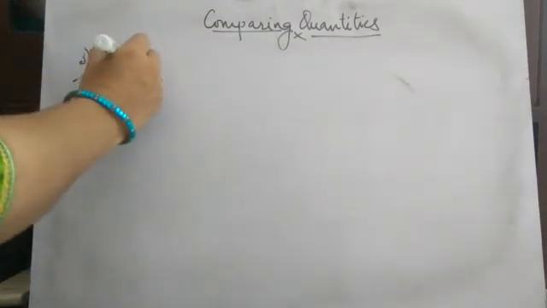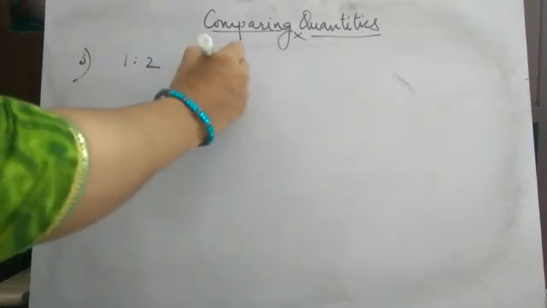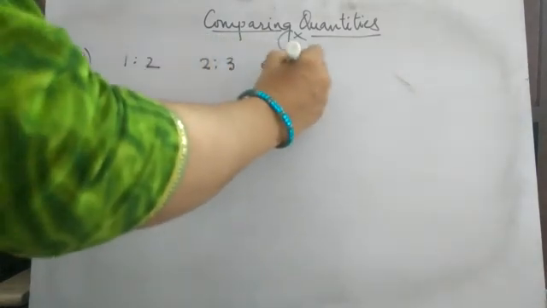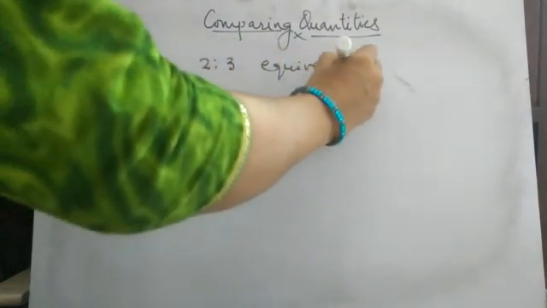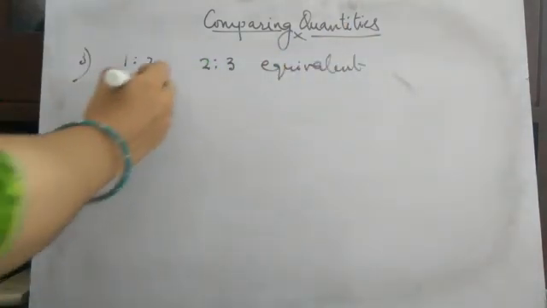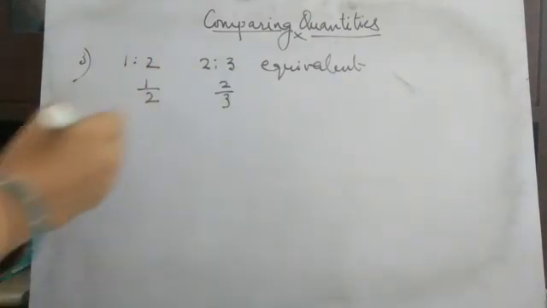Okay. Now another example. Are the ratios 1:2 and 2:3 equivalent? You have to check whether they are equivalent or not. How do you check whether the fractions are equivalent or not? We can write them as fractions. I told you before only.